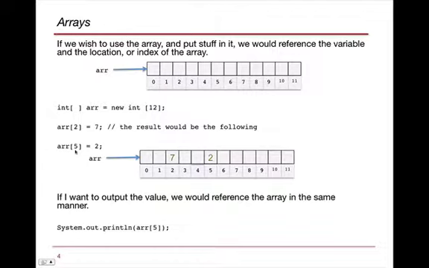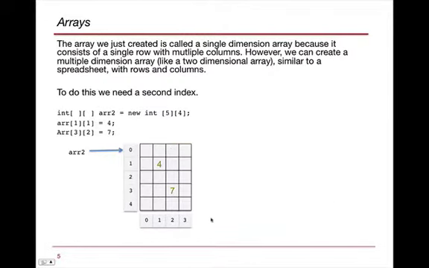So we can see here with ARR[5] equals 2, we are going to go to the ARR referenced array, go to the index 5, which is the 6th location, and put in the number 2. If we want to output the value, we reference it the same exact way. I could do something as simple as System.out.println(ARR[5]), and it will return the value that is in that location, which is the value 2.